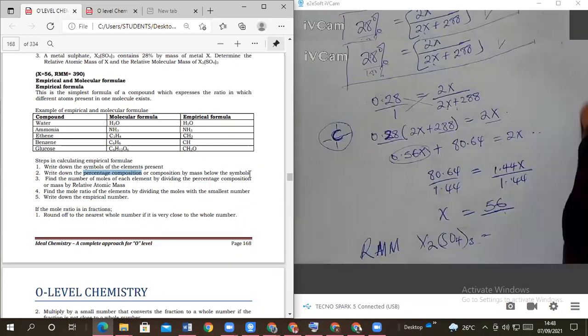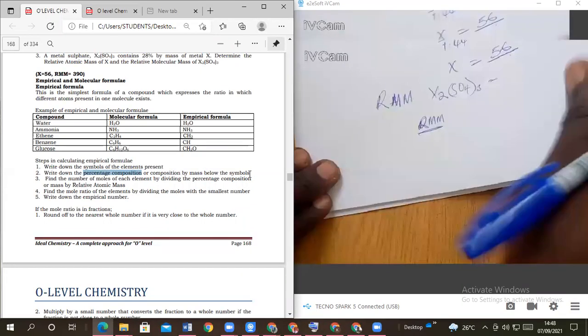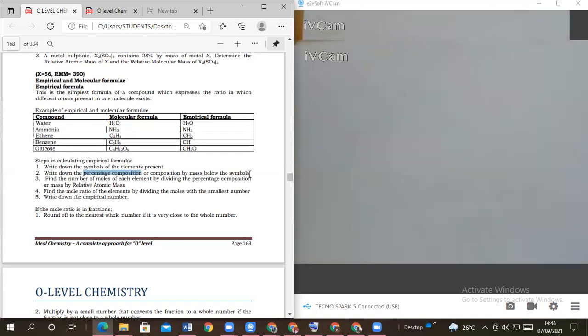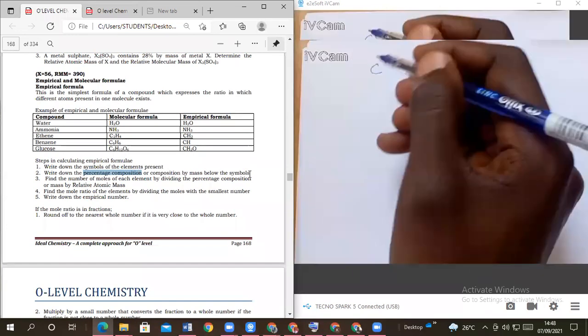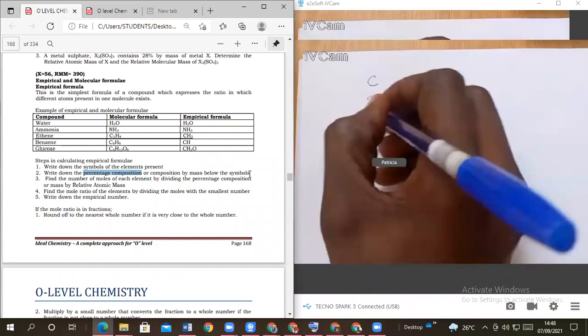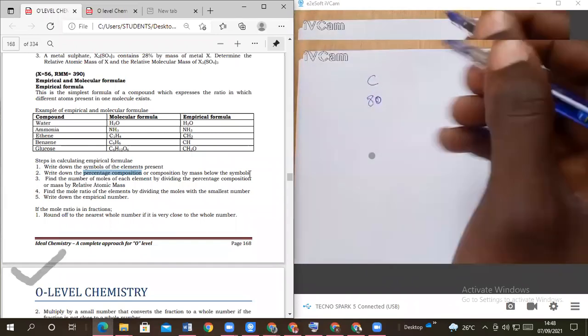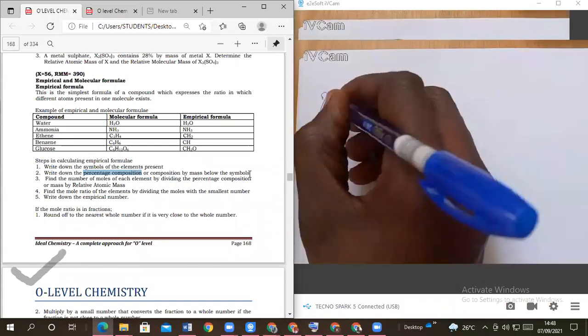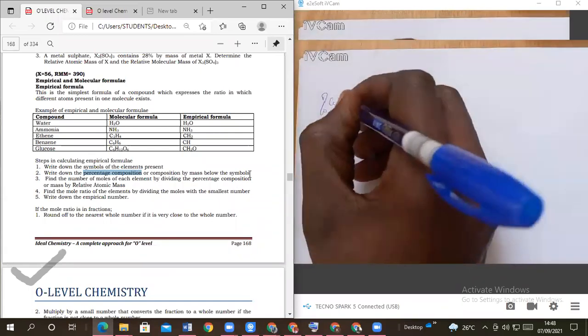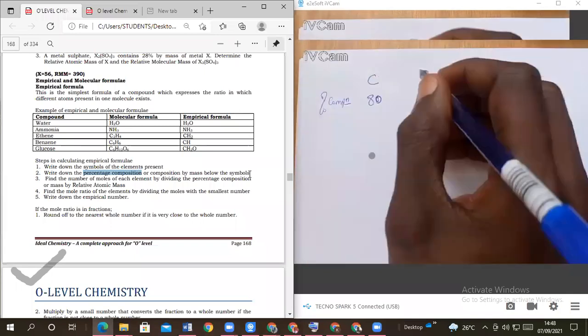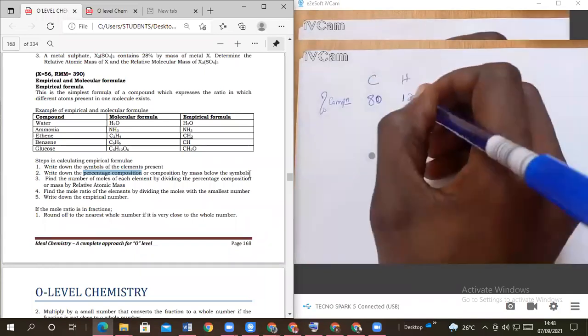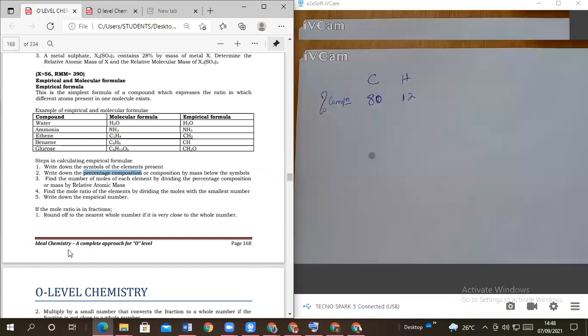So if the symbol is C, below C, you write this percentage. Maybe it is 80%. This is percentage composition. Hydrogen can be like 12%. Then others, we shall see how they happen.